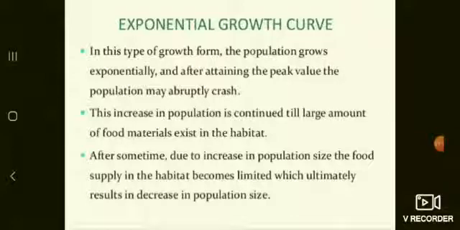In this type of growth form, population grows exponentially and after attaining the peak value, the population may abruptly crash. The increase in the population continues till a large amount of food material exists in the habitat. After some time, due to increase in population size, the food supply in the habitat becomes limited, which ultimately results in decrease in population size.